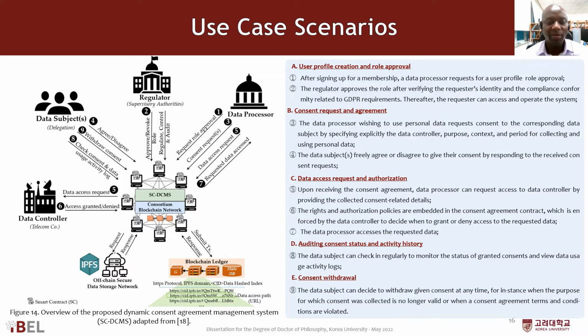And 8 corresponds to the access by the data subject to audit the status of the granted consent and activities history. And finally, 9 is the case corresponding to the consent withdrawal by the data subject.